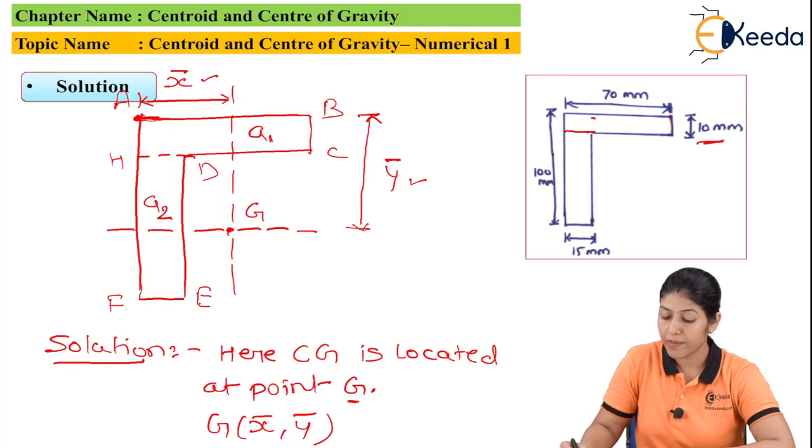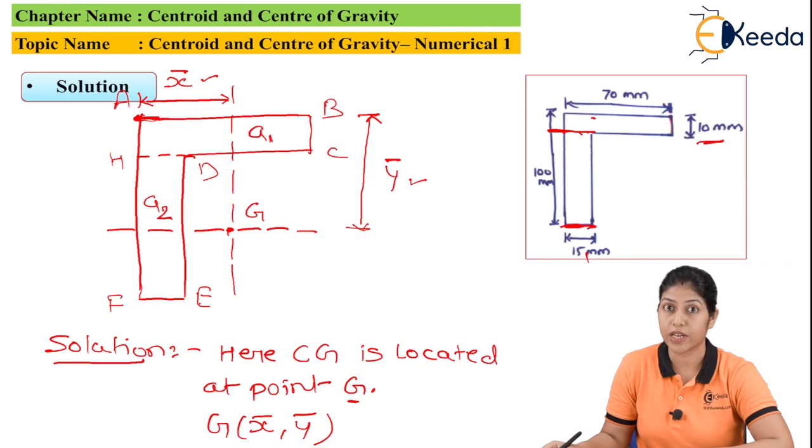Here the 100 mm is the total height of this lamina. So this 100 minus 10 will be the height of this particular rectangle, and this particular width is already given, that is 15 mm.